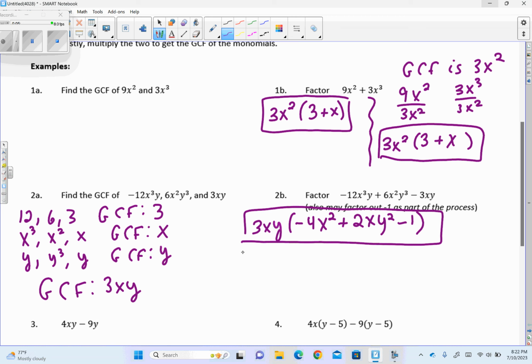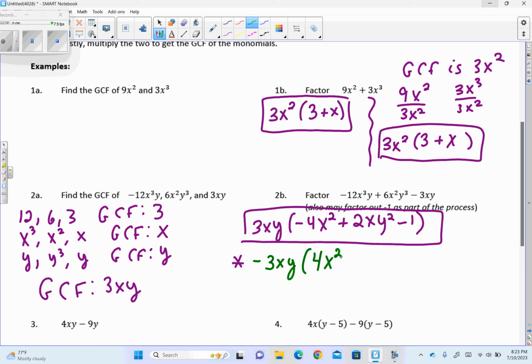Now I'd like for you to also notice that the first time I took out a positive 3xy, it is also just as correct if you had decided to take out a negative 3xy. The only difference is all of the signs of the terms inside the parentheses would then change, because if I have negative 3 and I want negative 12, I would need to multiply times positive 4x squared.